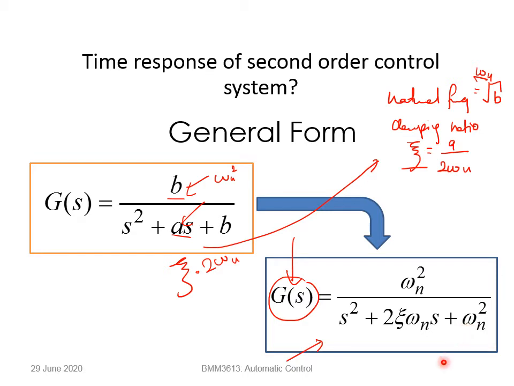If omega n is lower, the oscillation is slower. If zeta is very high, the decay is very quick and there is less overshoot. If zeta is very low, the decay is very slow, and it will take a lot of time to go into steady state response. So this is very important and interesting, to write the transfer function as a function of omega n and zeta.